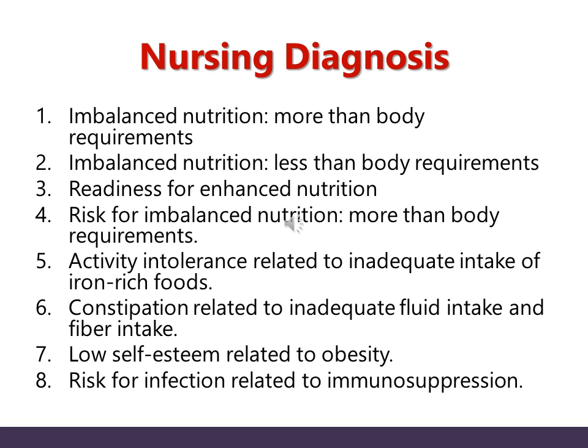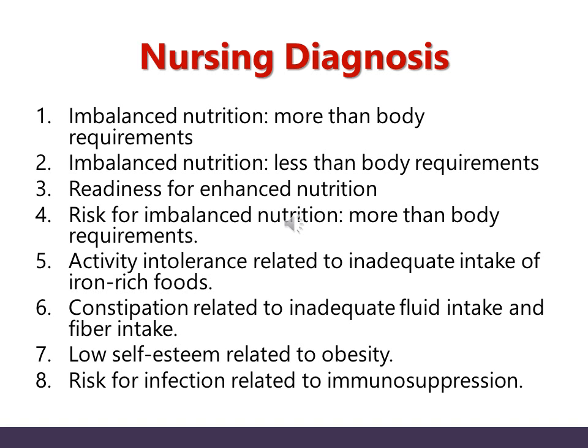Now, if you have a patient who has a problem with nutritional intake, for you to be able to provide nursing management, you need to identify the possible nursing diagnoses. The most common nursing diagnosis for a patient who has a nutritional problem is imbalanced nutrition: more than body requirements. This is specifically true if your patient is overweight.